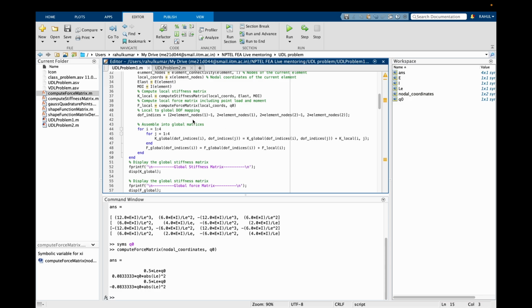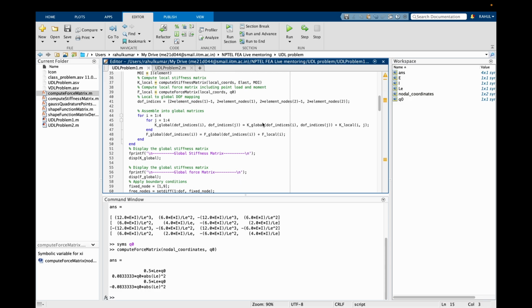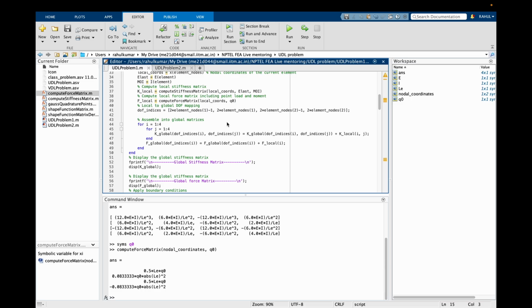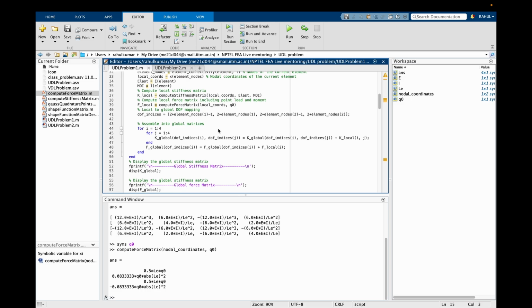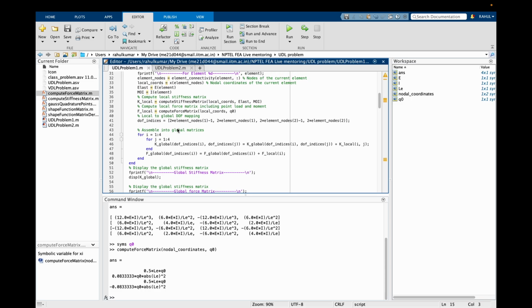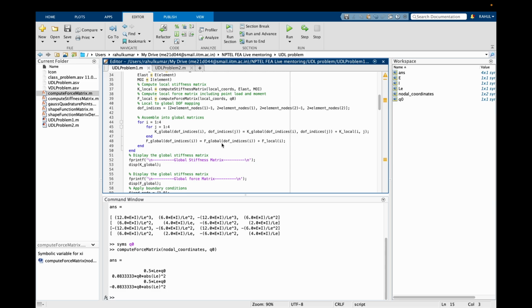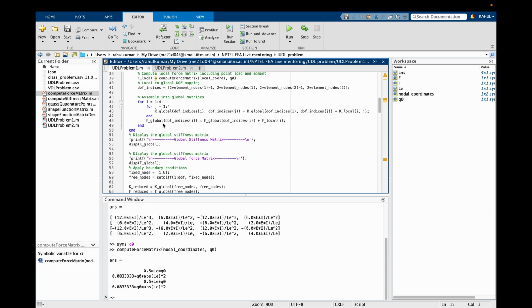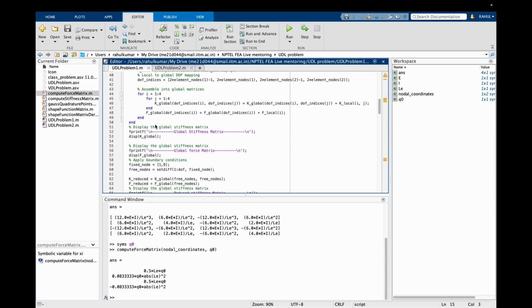We already saw that for node 1 it should be 2j minus 1 and 2j, and for node 2 it should be 2j plus 1 and 2j plus 2. So it will populate the global stiffness matrix according to these indices, and similarly for F global.